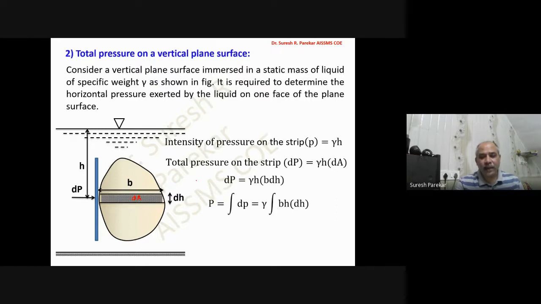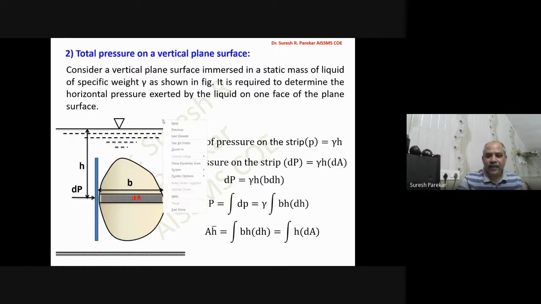Now to find out total pressure on this, we have to integrate it over the height of this surface. So P equals the integration of dP. Now gamma, that is specific weight, is constant. So we have h into b dh, and by integrating h b dh, we get the first moment of area. B into dh is the area, and area into h is the first moment of area, which is A h bar.